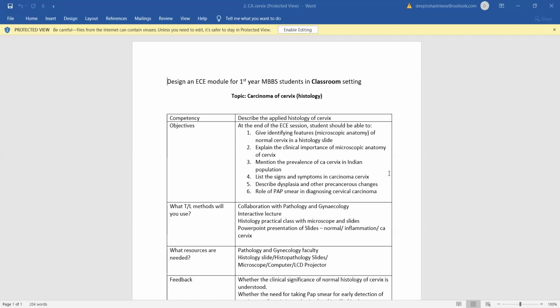Otherwise, they would not relate it, because this is their first year. That is a big major issue for ECE is what I feel. Because we are deciding on the topic earlier itself, we are planning the lesson plan, the module has been made. And on that day when we take them, it is not necessary that the patient will be there in the hospital setting.